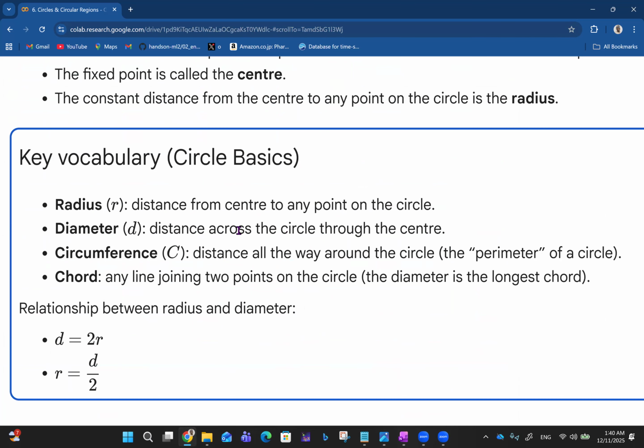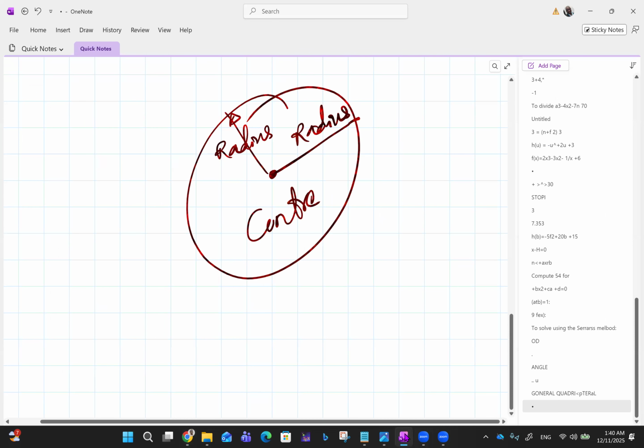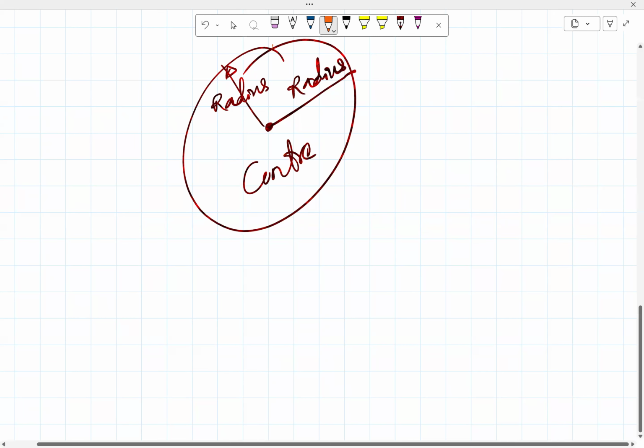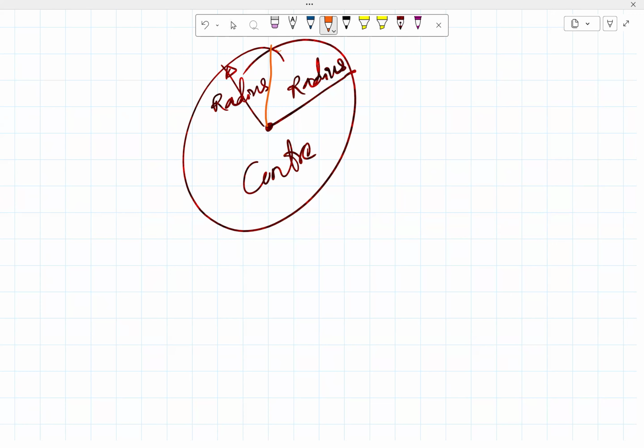The diameter is the distance across the circle through the center. Imagine you move from one point of the circle to the other, passing through the center. This is one radius and this is another radius, and the whole line together is the diameter.